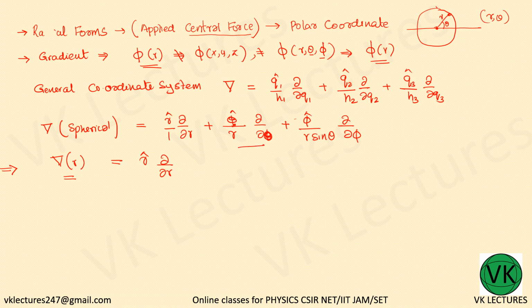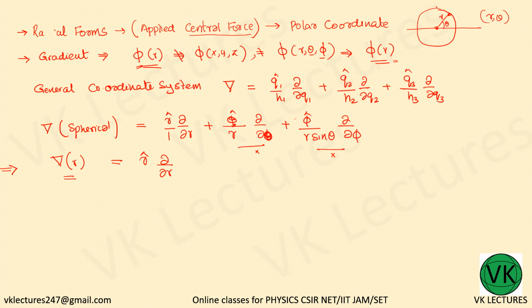These two terms will not be present because our function phi is a function of r alone, which means dou by dou theta and dou by dou phi of the scalar field phi are 0.